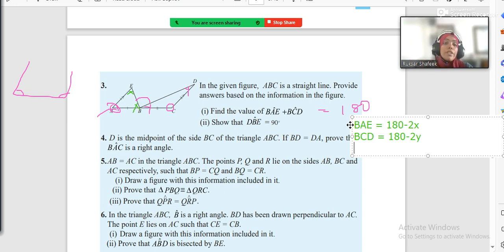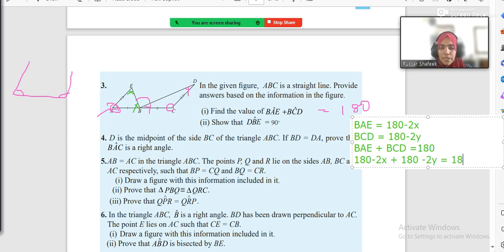So now we have 180 minus 2x and 180 minus 2y. But we already showed that BAE plus BCD is equal to 180. So I'm going to replace: 180 minus 2x plus 180 minus 2y, and that's again equal to 180.